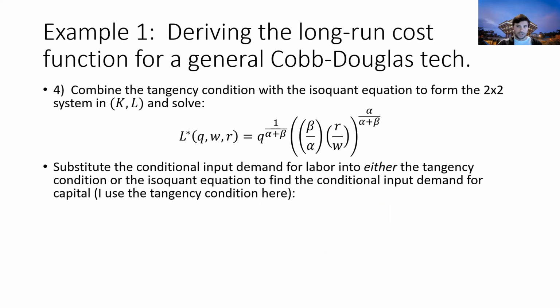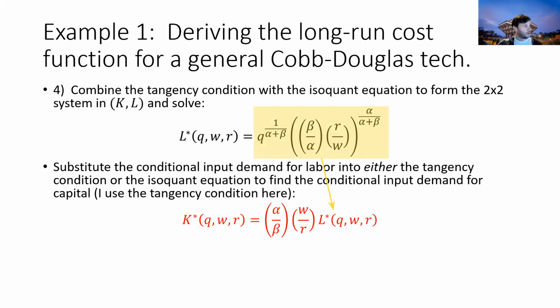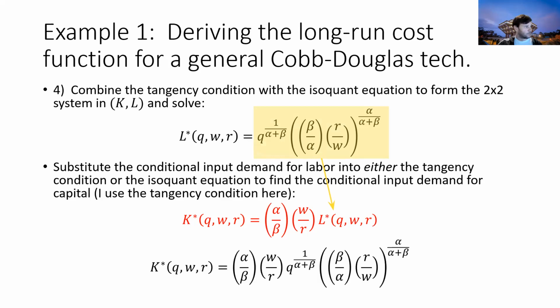The tangency condition said K had to equal alpha over beta times W over R times L. So let's take our expression for L star, which is everything in the yellow here, and substitute that for L star directly into the tangency condition. Okay, and when we make that substitution, here's what we get.